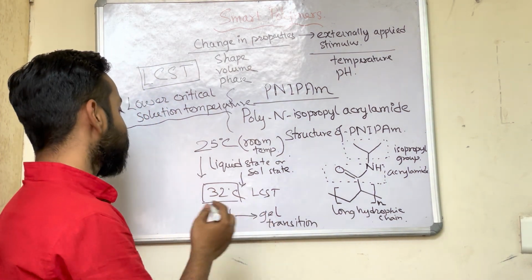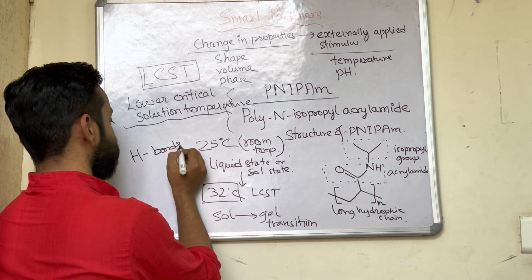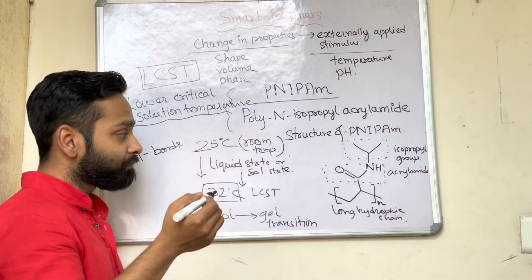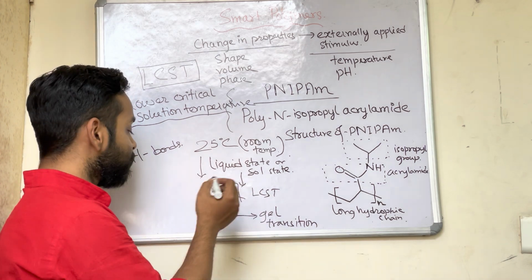So at 25 degrees Celsius, the hydrogen bonds will predominate, which gives the PNIPAm a sol-like consistency at 25 degrees Celsius.